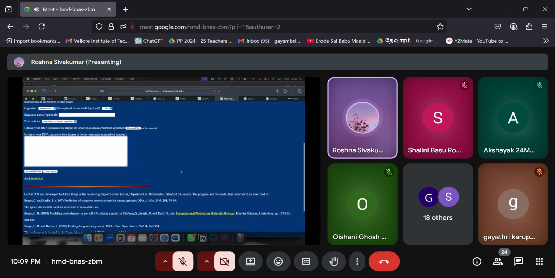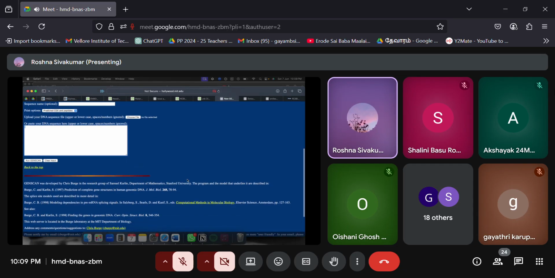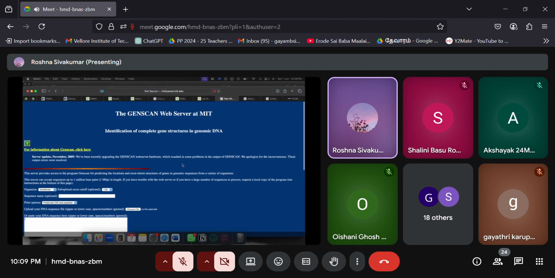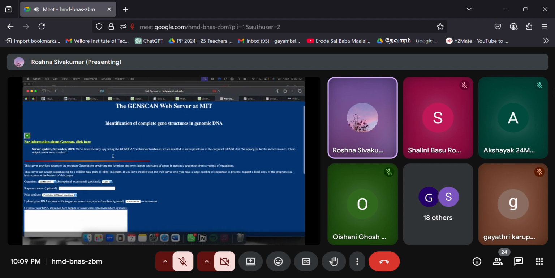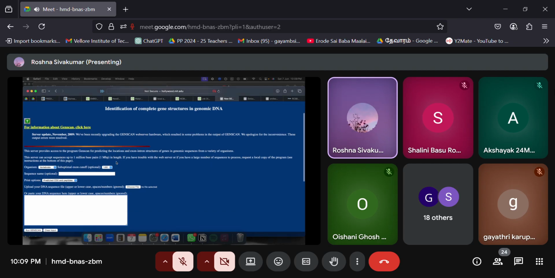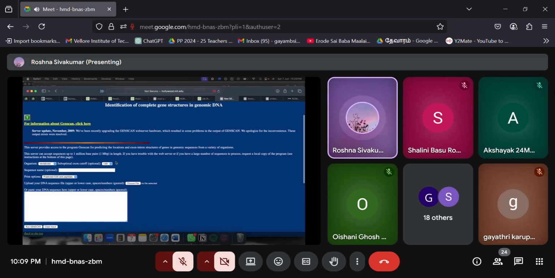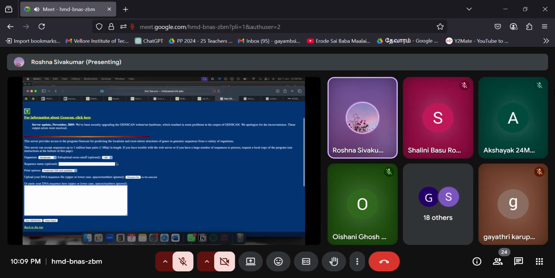GenScan was developed by Stanford. As you see here, universities are collaborating and governments are collaborating, and it's a huge overlap of everything, but we get the best out of it, and for free, which is amazing.